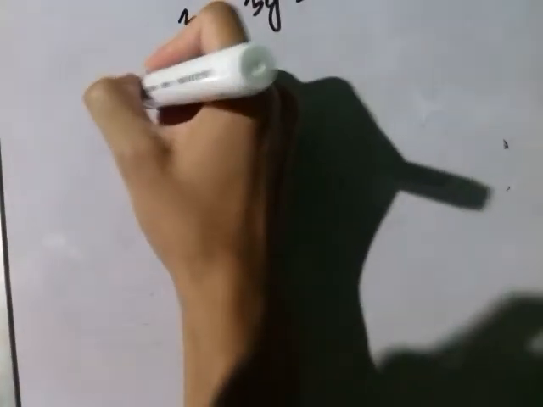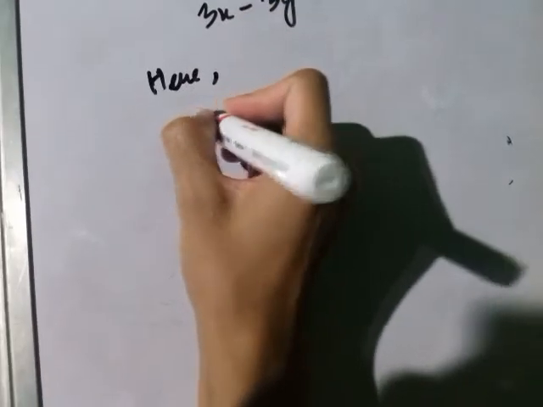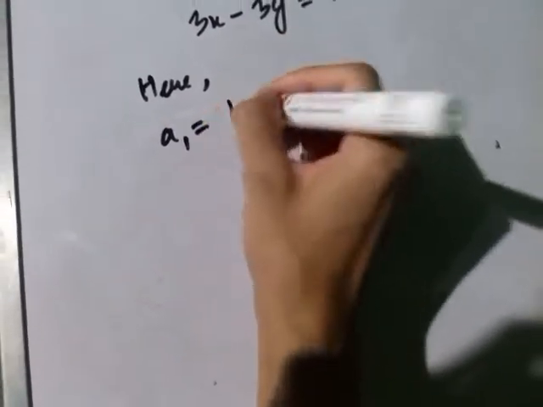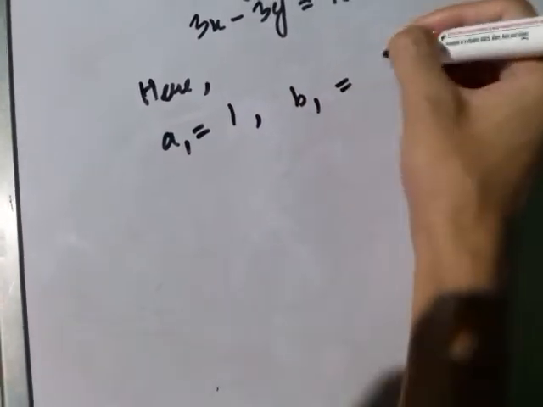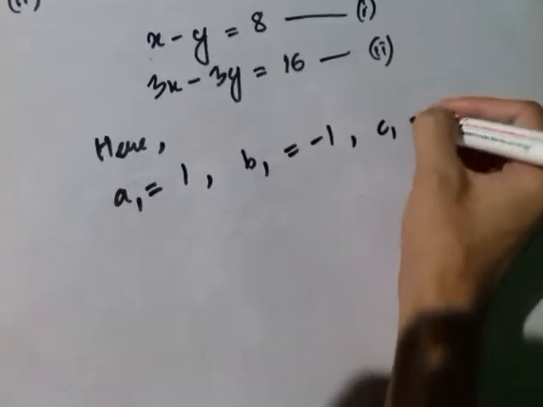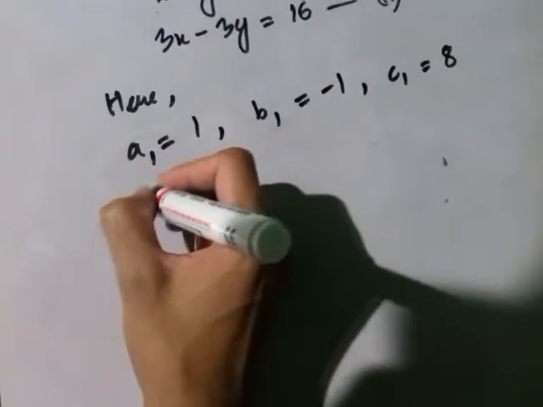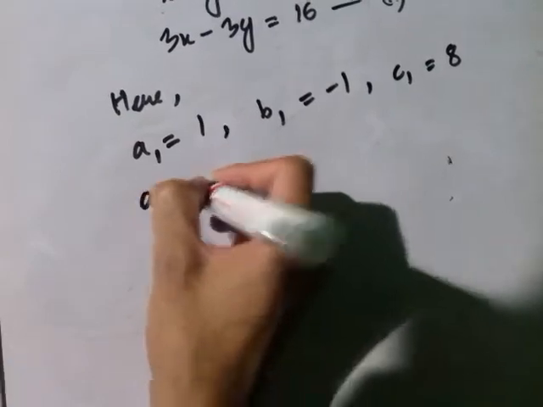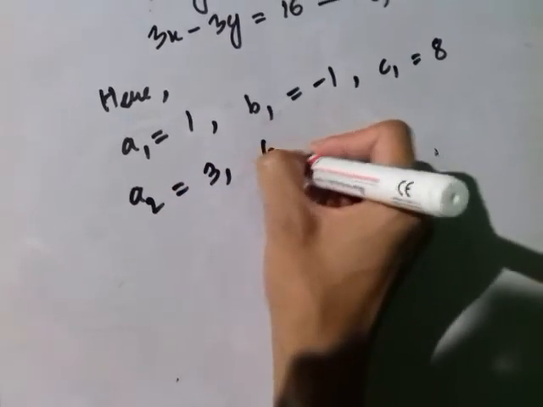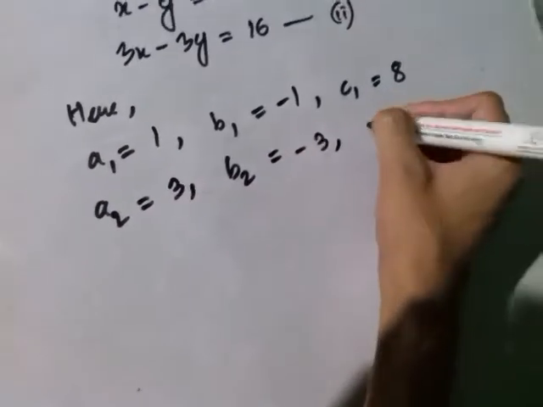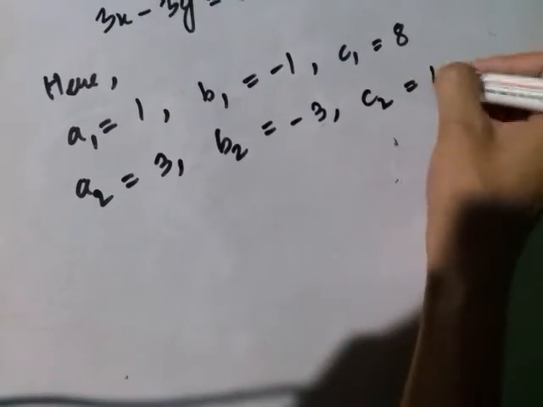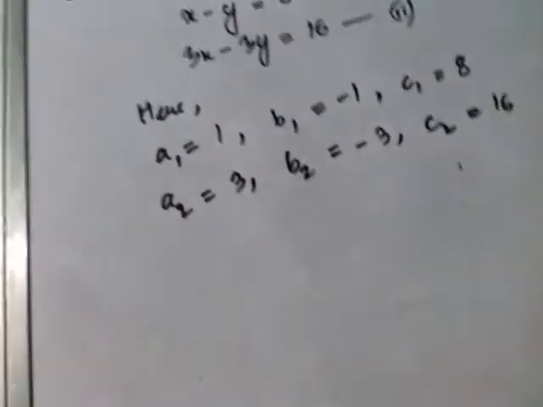Now you will write a1 equals 1, b1 equals minus 1, c1 equals 8, a2 equals 3, b2 equals minus 3, c2 equals 16. You will write like that. Next will be comparing.